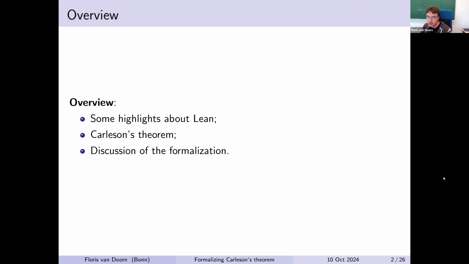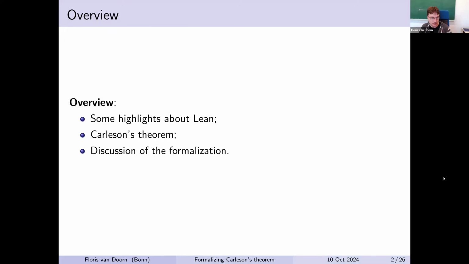In my talk, because I don't only want to talk about Carleson's theorem, I also want to start with some highlights and latest results about Lean. I think all of you have heard of Lean before, especially in the Lean 2 days when there was a dedicated homotopy type theory mode.